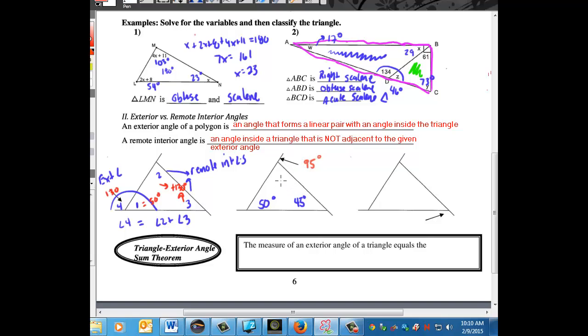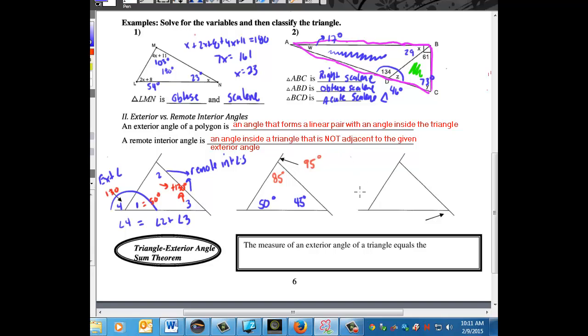You would get 180 minus 95, which means this angle has to be 85 degrees, and then you can get 95. So there's two ways that you can solve for these triangles. You can use the linear pair, which is solving backwards, or you can use this new theorem that we have, which is called the triangle exterior angle sum.